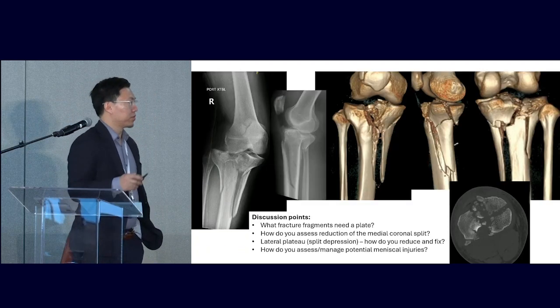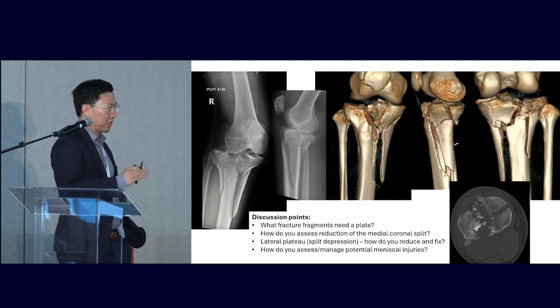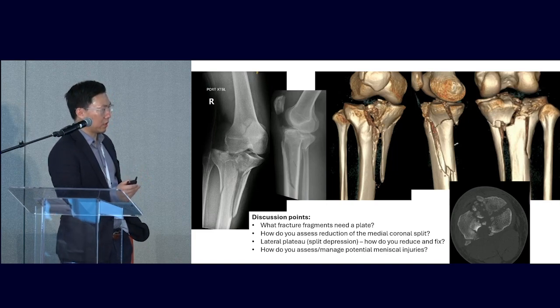So just to summarize the pertinent fracture points, you can see there's a pretty significant medial fracture with a coronal split, and then there's a number of pieces. There's an anteromedial, posteromedial, and then a long metaphyseal component.